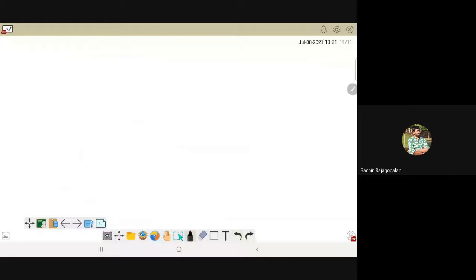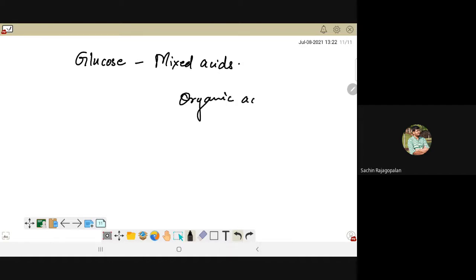Now, how will this concentration difference help us? Please understand that when glucose is fermented by microorganisms, they are going to produce mixed acids. We know this very well, right? If you look at the anaerobic process of glucose utilization, organic acids, aldehydes, alcohols, all these are reduced.